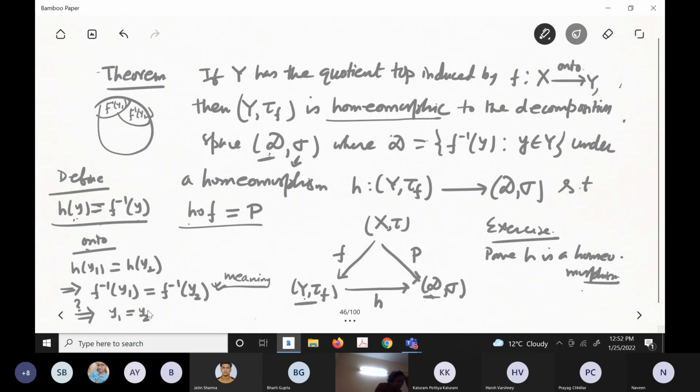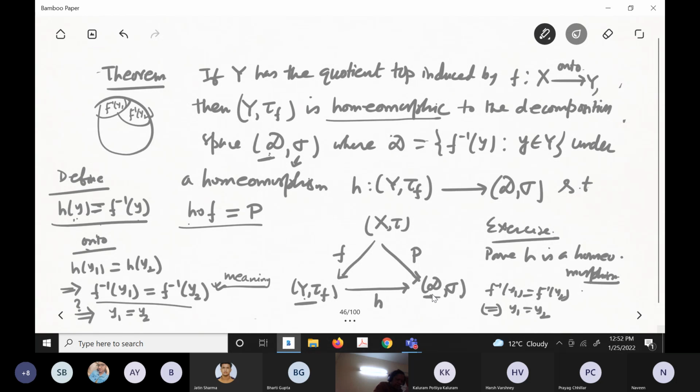Look here, the way I have defined it, it is already assumed that, this is clear from the definition, this will be equal if and only if y1 equal to y2. That is actually the definition, that f inverse y1 and f inverse y2 are the same class in the decomposition if and only if y1 equal to y2.